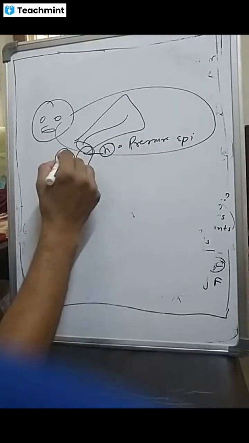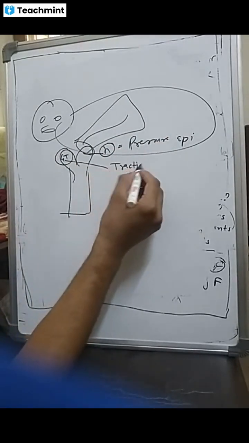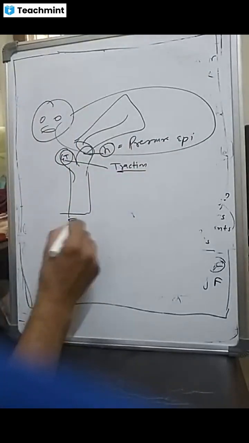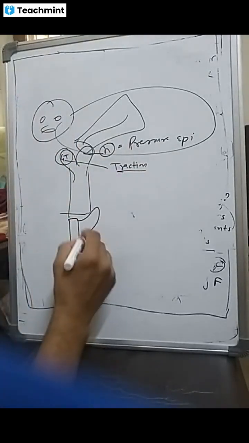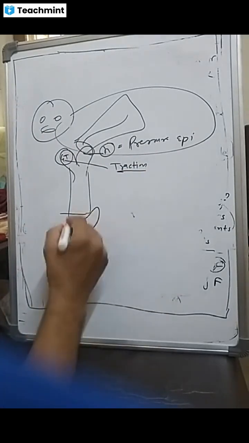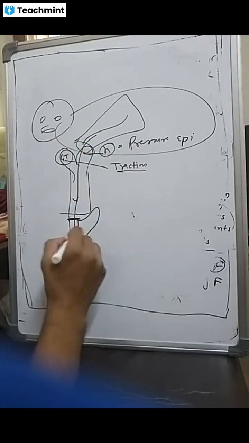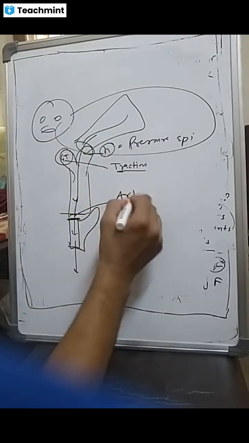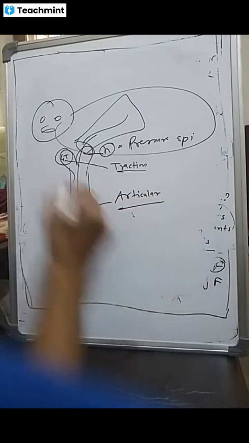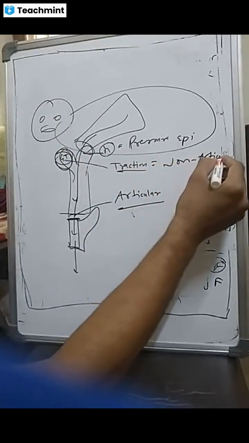Greater tubercle, that is traction epiphysis. Then come the head of the radius and your ulna. This part of the radius which is taken is the articular part, and on the side, this is non-articular.